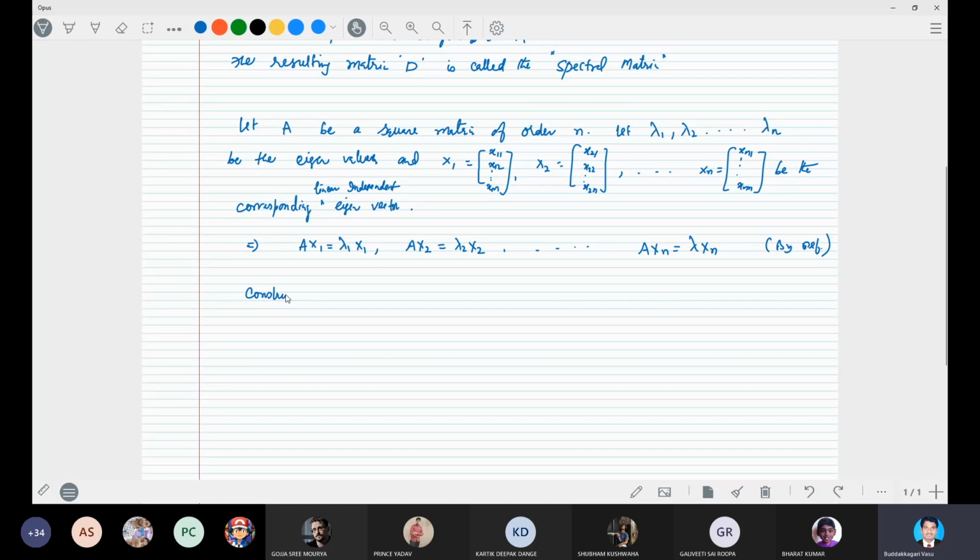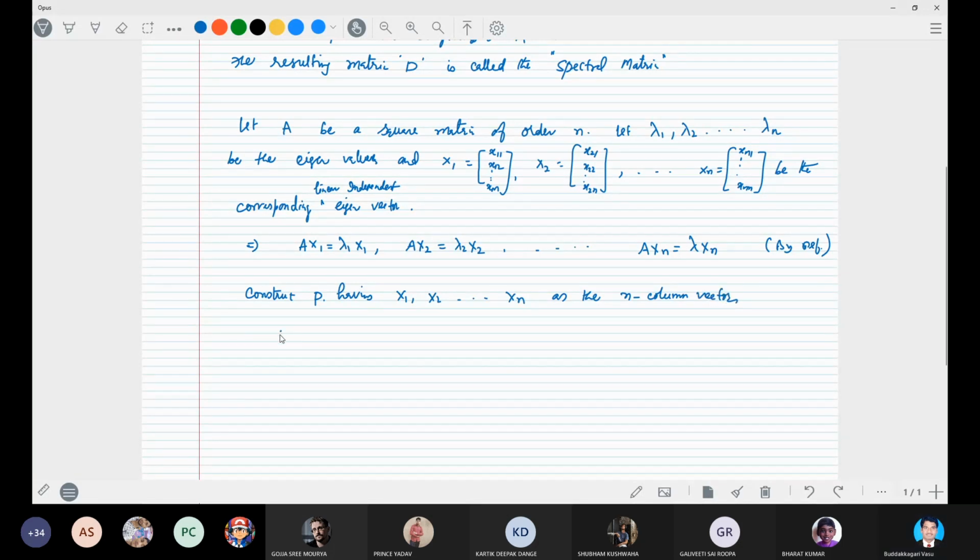Now construct matrix P from the linearly independent eigenvectors. Construct P having the n vectors x1, x2, and so on xn as the n column vectors.